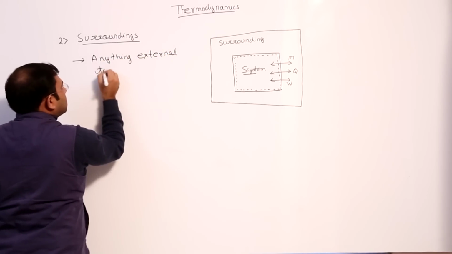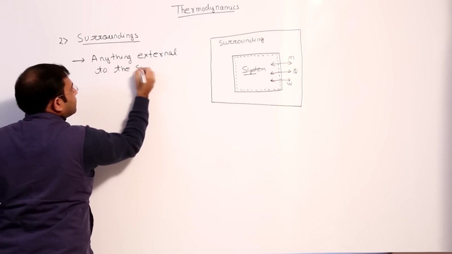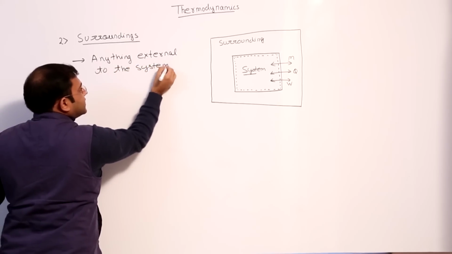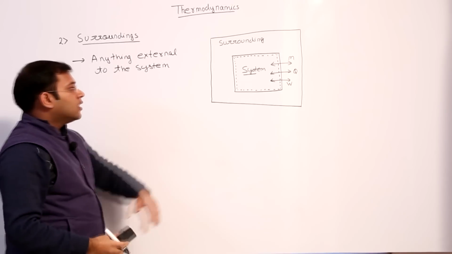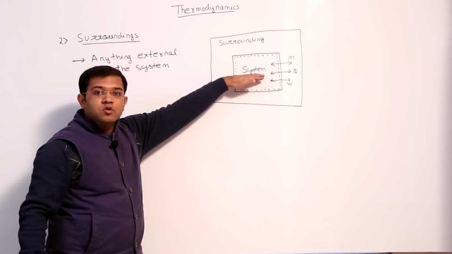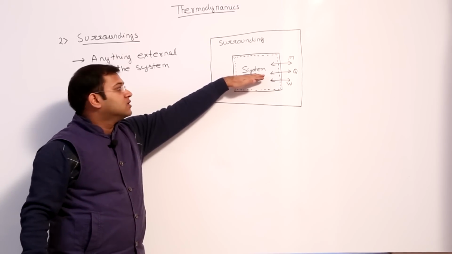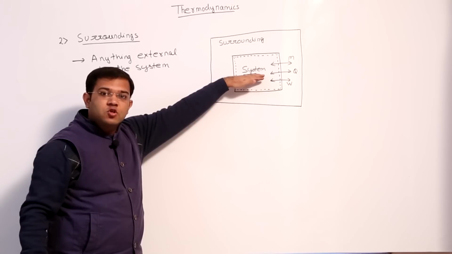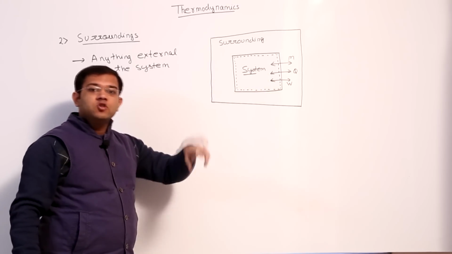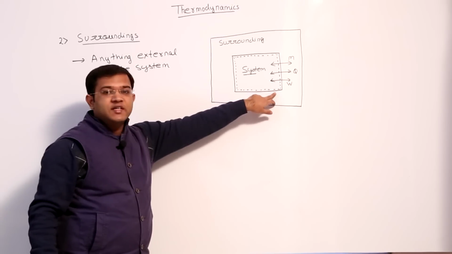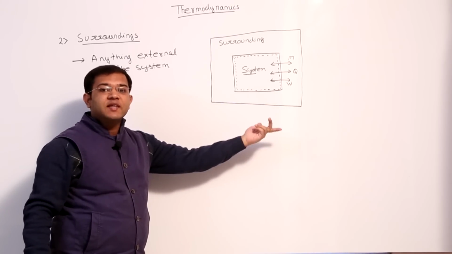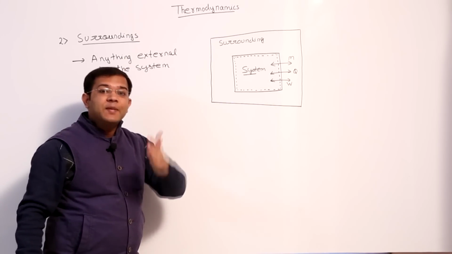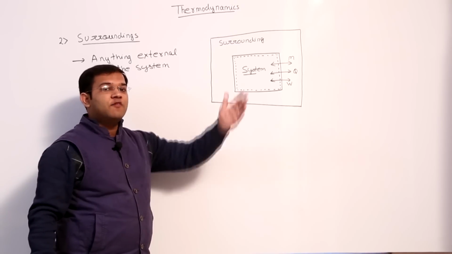Now suppose the system loses 5 kilojoule of heat and that 5 kilojoule of heat will be transferred to its surrounding.